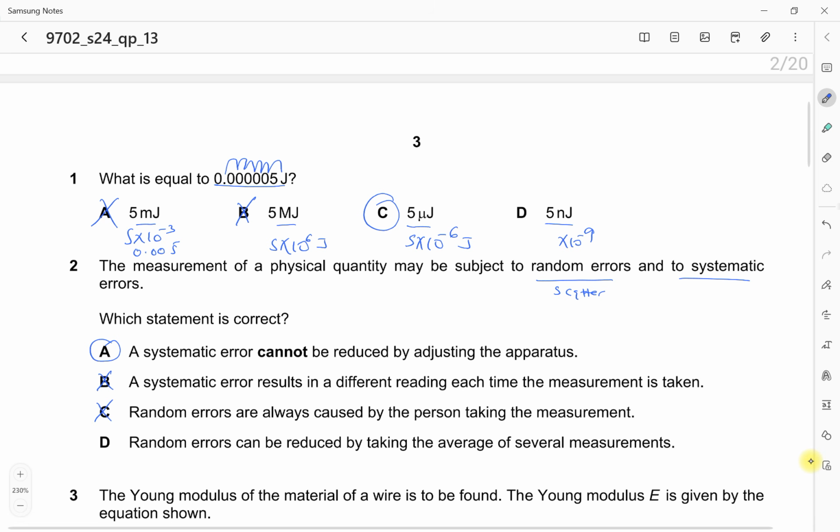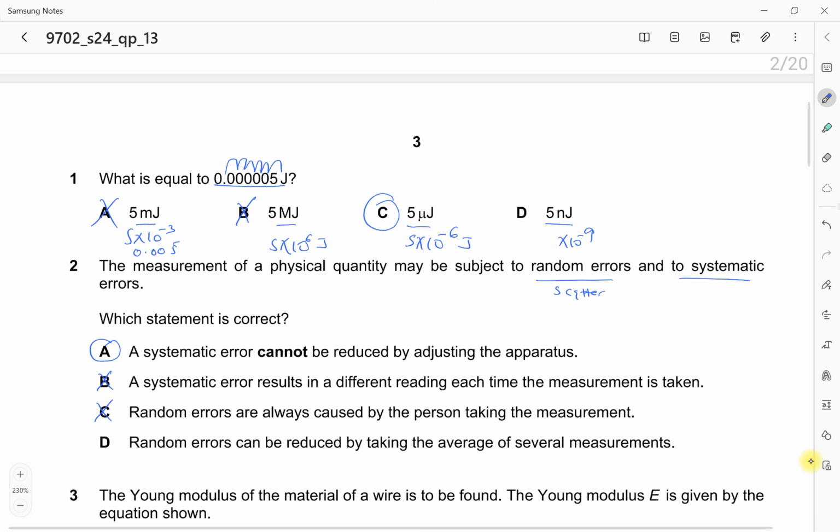Random errors are caused by taking measurements from different angles or wrong interpolation. Systematic errors are caused by wrong calibration or zero error in the instrument. The random errors can be reduced by taking the average of several measurements.